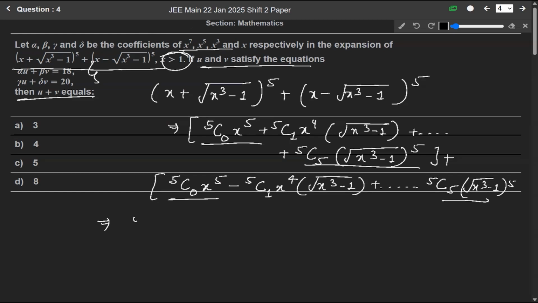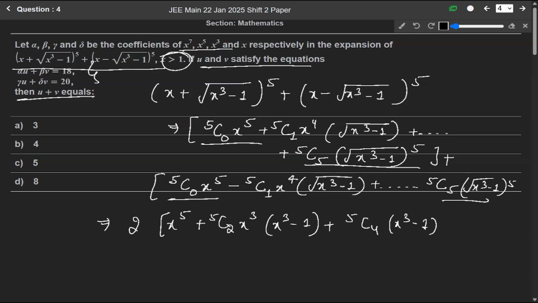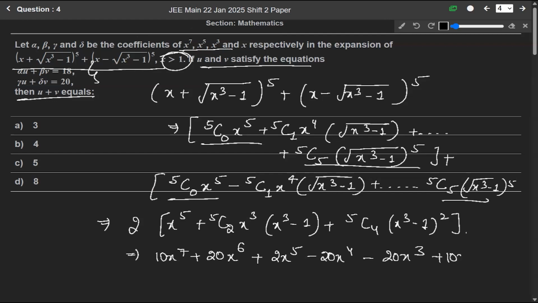So we can write 2[x⁵ + 5C2 x²(x³ − 1) + 5C4 (x³ − 1)²]. So we can write it as 10x⁷ + 20x⁶ + 2x⁵ − 20x⁴ − 20x³ + 10x.